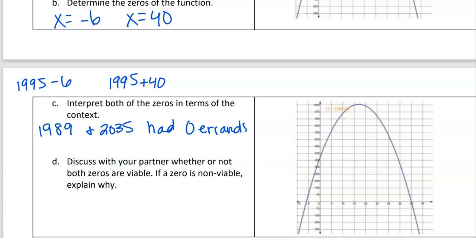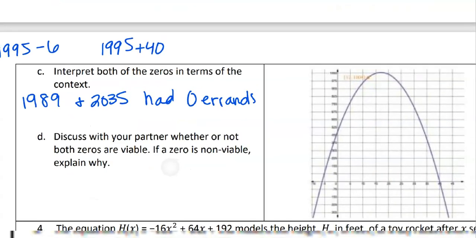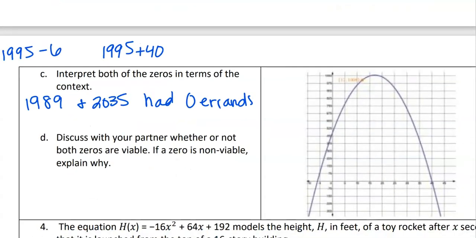Does it make sense whether or not both zeros are viable? Would it make sense that a household has 0 errands to run? An errand would be running to the store or picking up something or sending a letter out. Anything that you have to go do real fast.